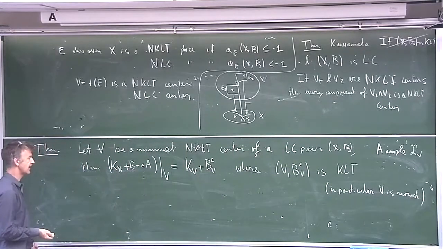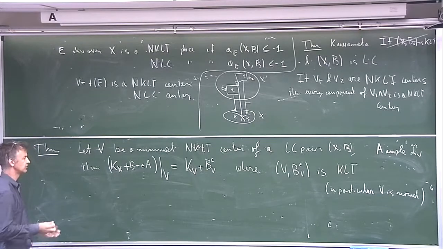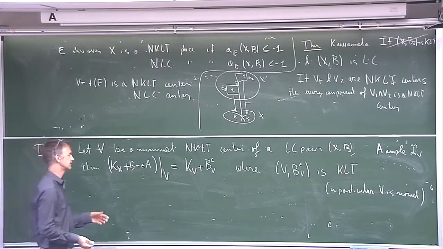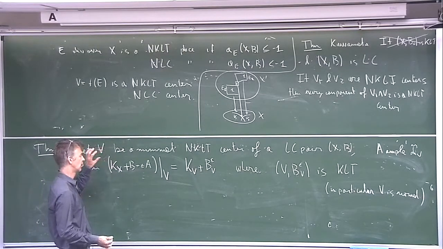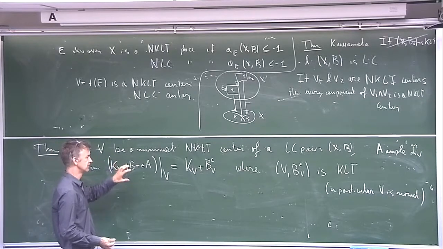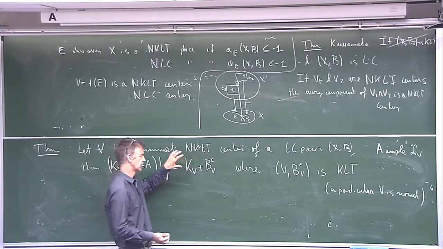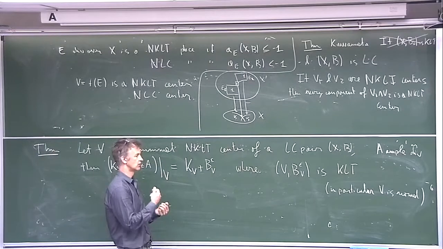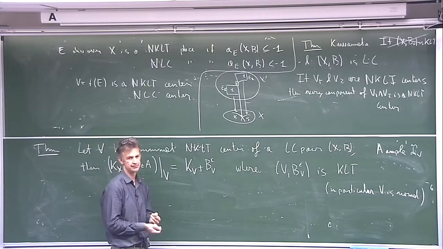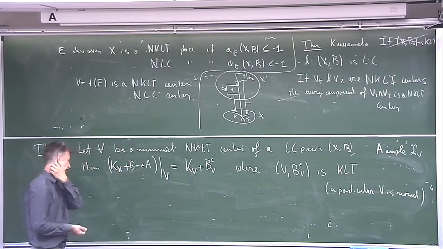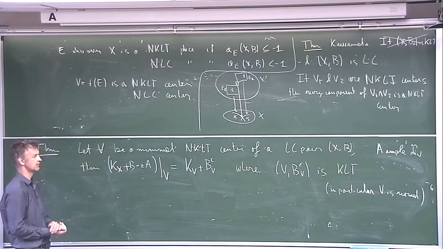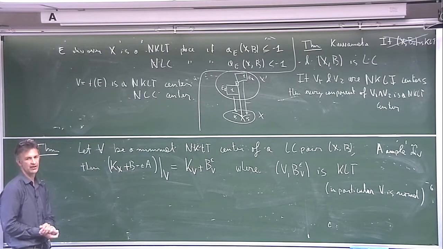So what this is saying is that you can very effectively relate the geometry of the ambient variety and the geometry of a minimal non-Kawamata log terminal center. And so this can be exploited, for example, in trying to prove the base point free theorem.